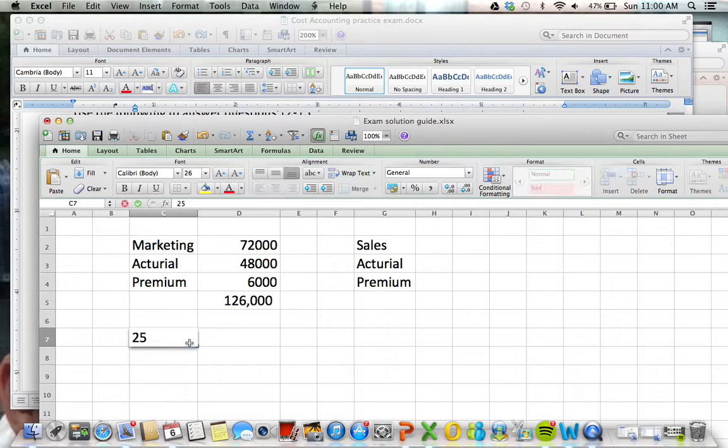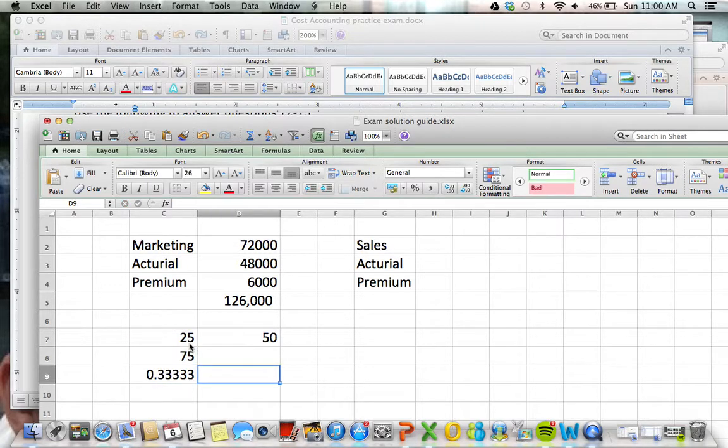Now, how do I know it's 1/3 or 50%? I just look at 25 and 50. That's the usage. I'll take the sum of that, and then I'll just allocate each piece over the total. So if this is my total usage, marketing is using 1/3, sales is using 2/3, because it's 25 versus 50.